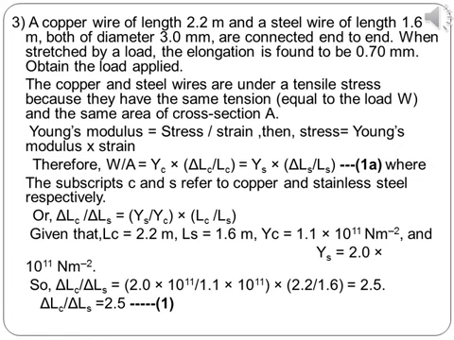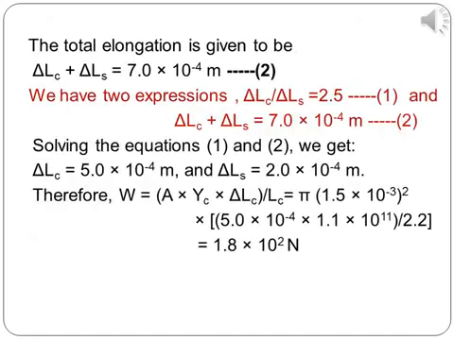Then delta LC by delta LS is equal to 2 into 10 to the power of 11 by 1.1 into 10 to the power of 11 into 2.2 divided by 1.6, which is equal to 2.5. So delta LC by delta LS is equal to 2.5, which is the expression 1.